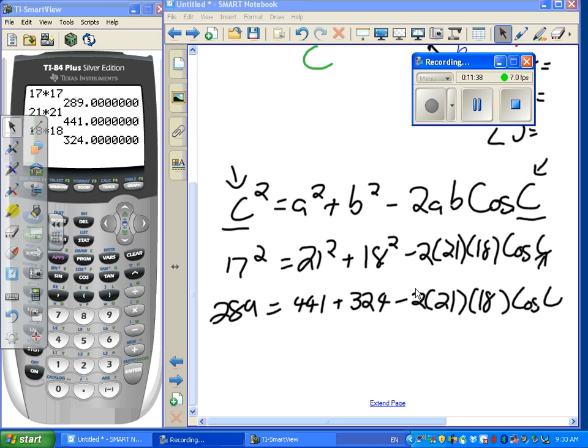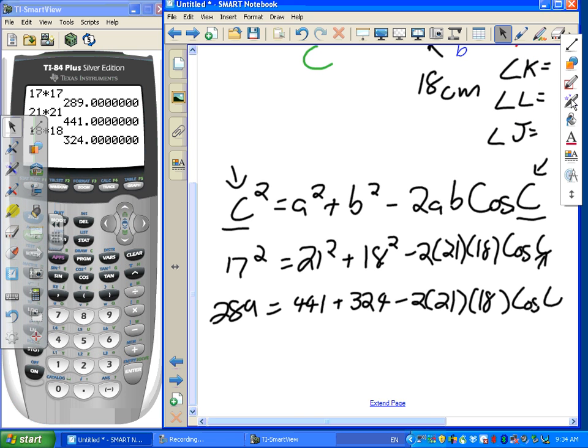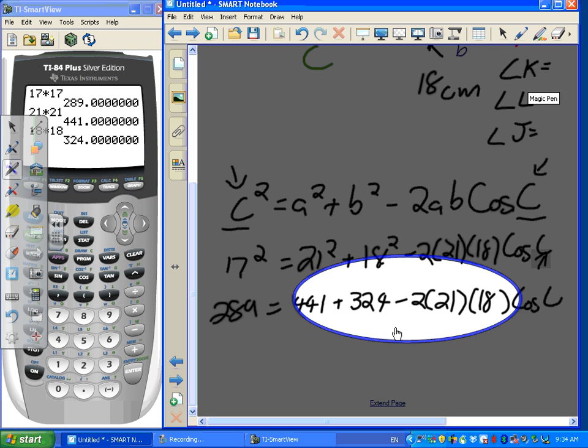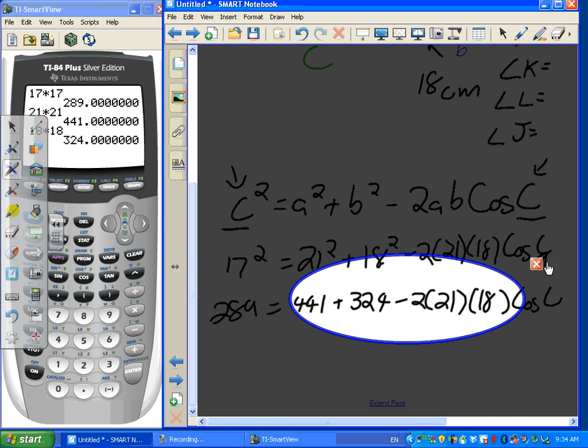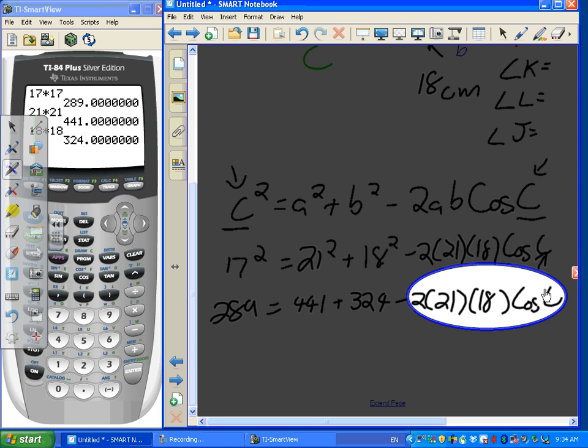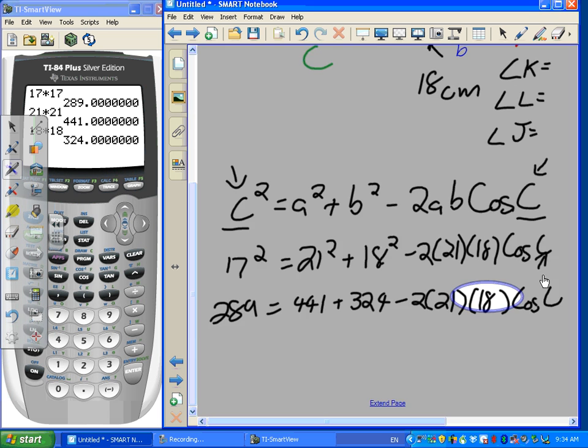Now, many of you guys get confused at this part right here. Many of you decide to combine this together. They do not combine together. If you go by BEDMAS, these are all multiplied together, so I would have to do that first. Even the cos.